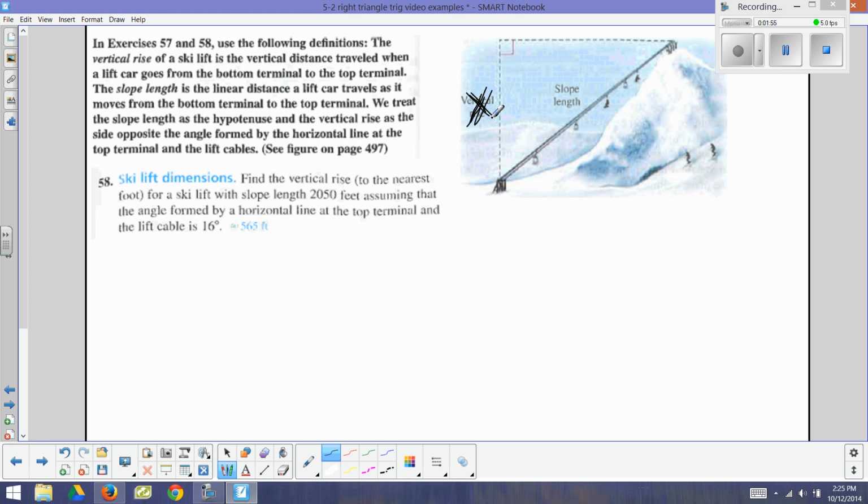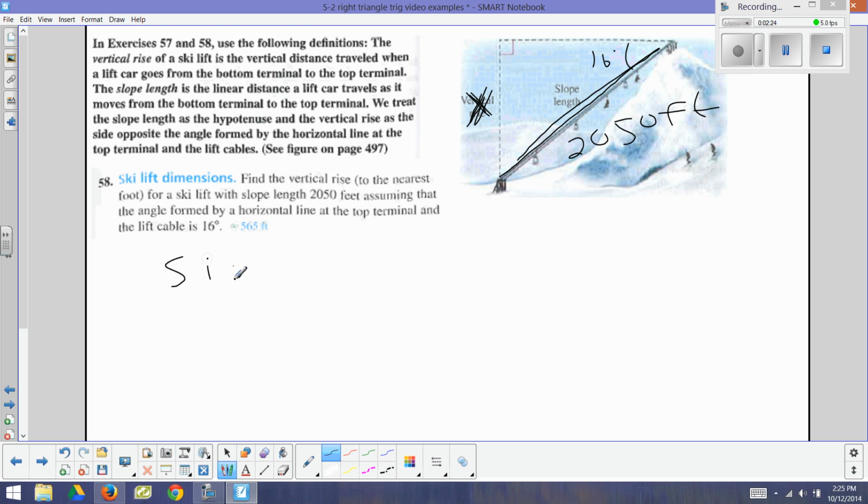With a slope length. So the slope length here is 2,050 feet, assuming that the angle formed by the horizontal line at the top of the terminal and the lift cable is 16 degrees. So notice I have an opposite side from 16 that I want to find, and I have a hypotenuse that I know.